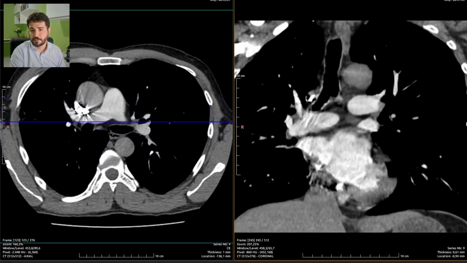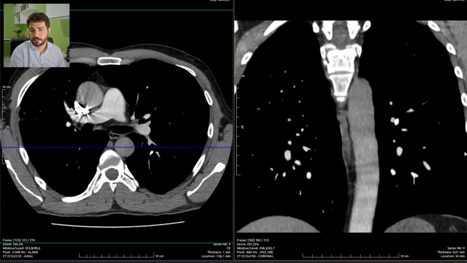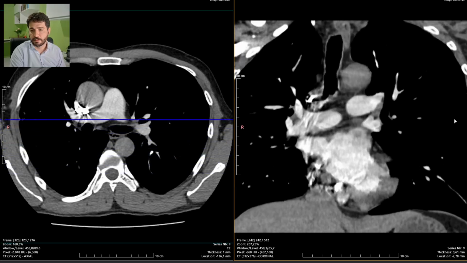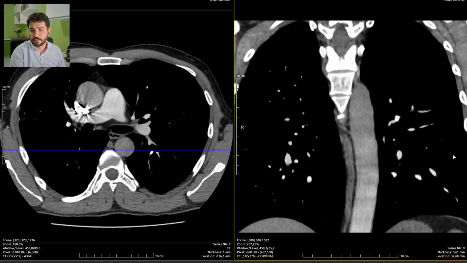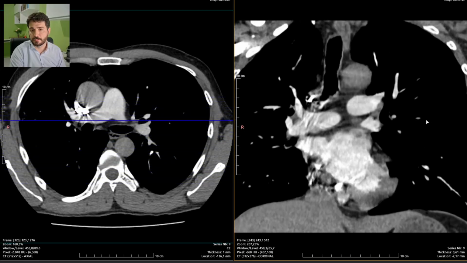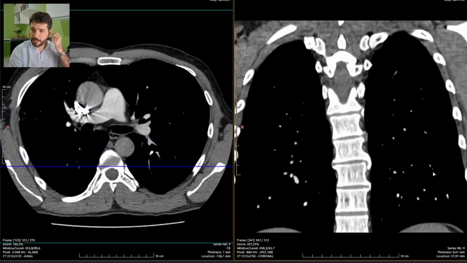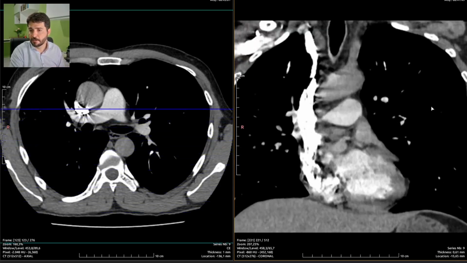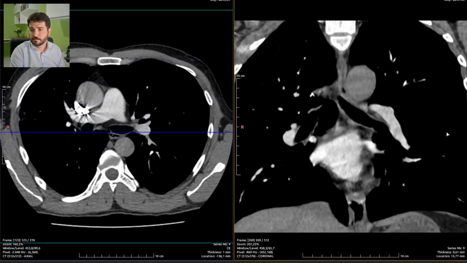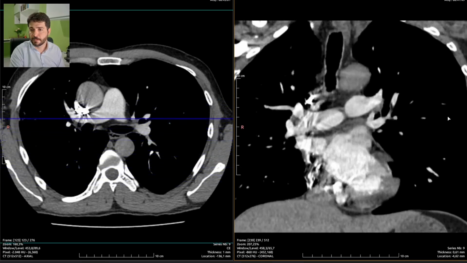So this is it. We are right here. Just see the coronal view. Every plane of the reconstruction gives us features that we can readily see on the other plane.